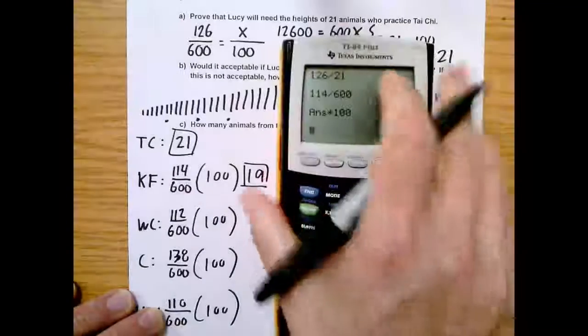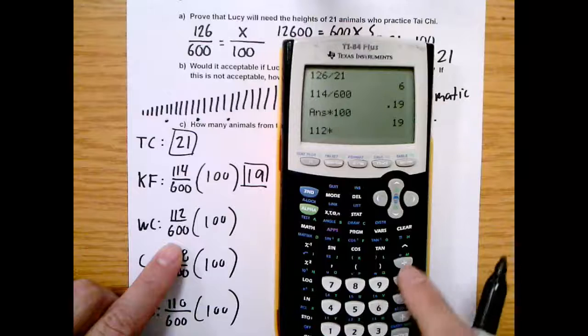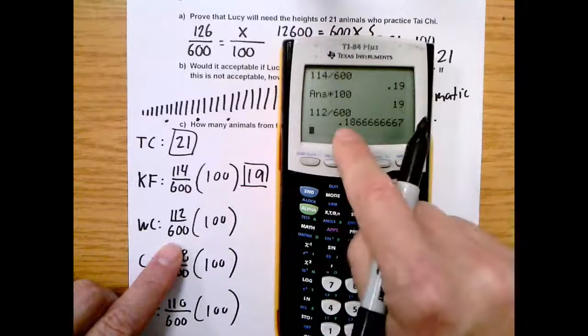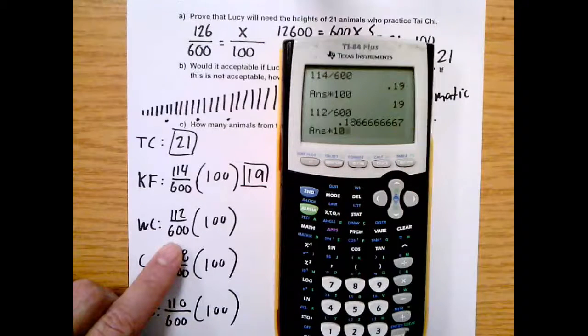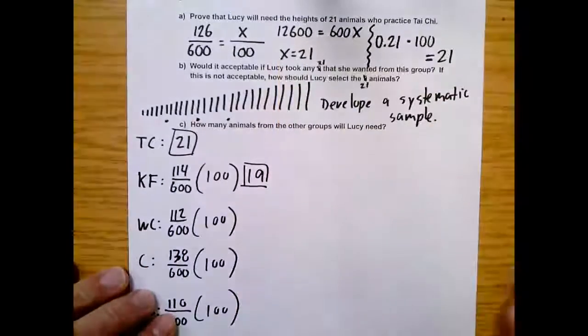Same idea right here, 112 divided by 600. We get a repeating decimal, so let's multiply by 100. 18.6, so we're going to round up. So we say 19 again.